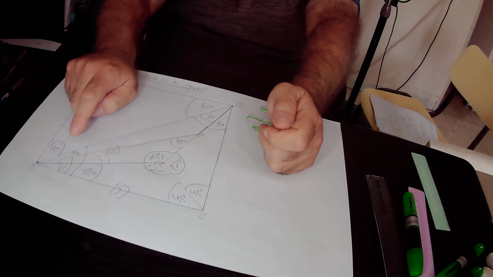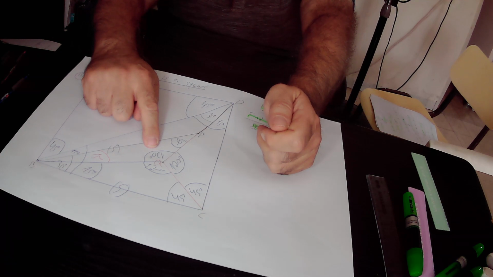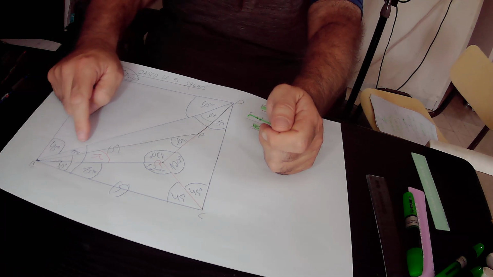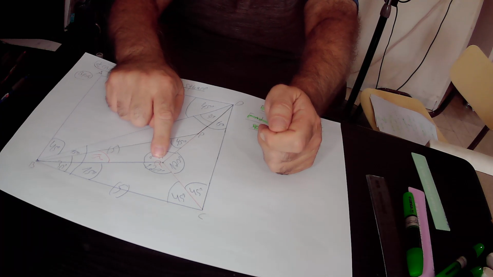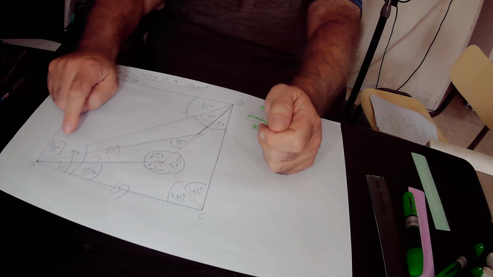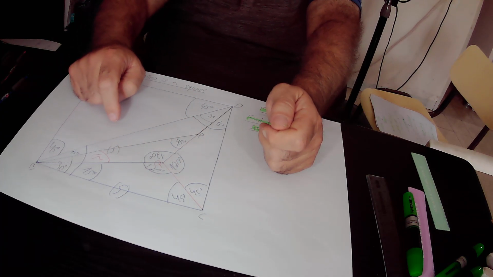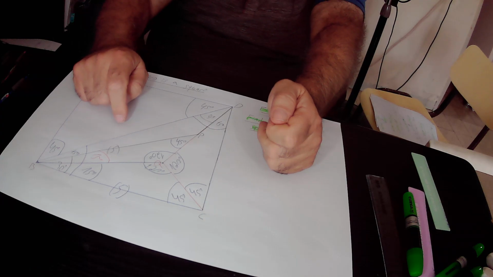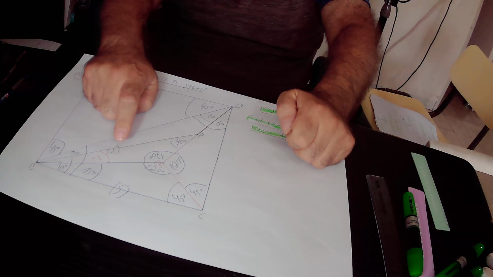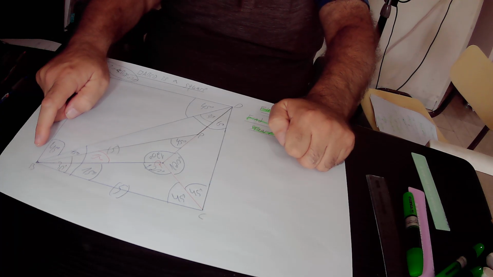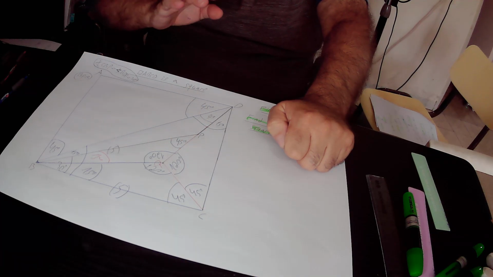Because PB in triangle PQB is located in front of the angle equal to 120 degrees. Likewise, in triangle BQC, BC is located in front of the angle equal to 120 degrees. And therefore, PB is the corresponding side of BC. According to the rule, the corresponding sides in congruent triangles are equal to each other. Those two triangles can go into each other, and therefore those two corresponding sides, BP and BC, must also be equal to each other. So PB equals BC.